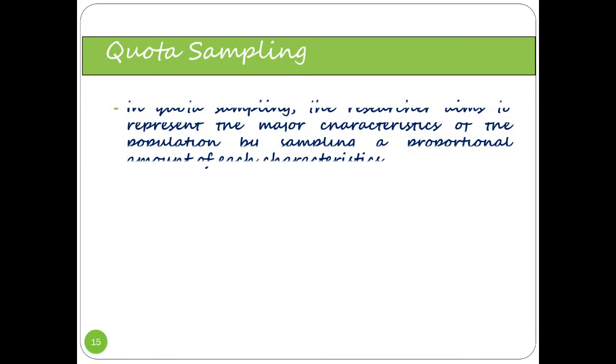Next coming is quota sampling. Quota sampling is a non-probability way of doing stratified sampling. A researcher will divide the data into certain categories like gender or occupation, based on his objective. He will divide the complete population into categories, and then enroll the subjects into the study.